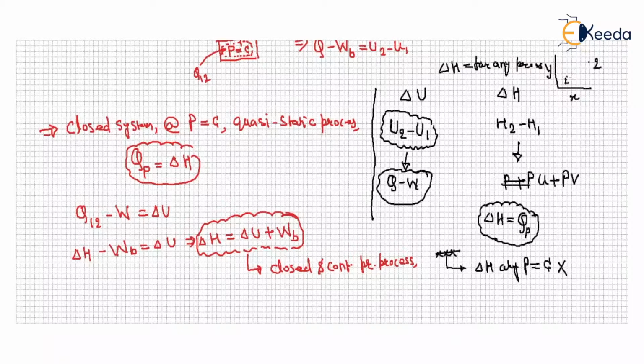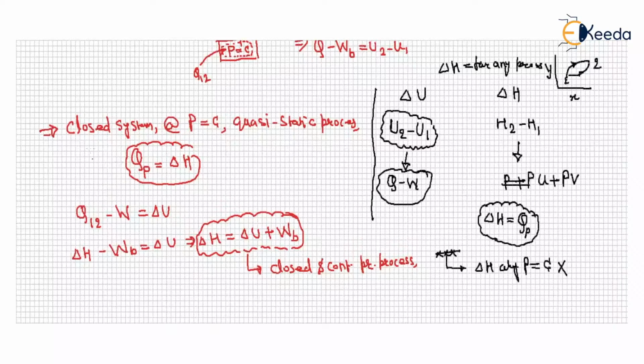During point 1 to 2 there can be any process. But if that process is performed at constant pressure, then during that process the change in enthalpy gives its change in heat transfer.